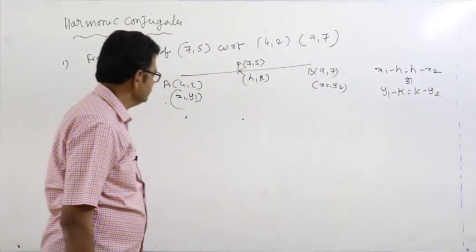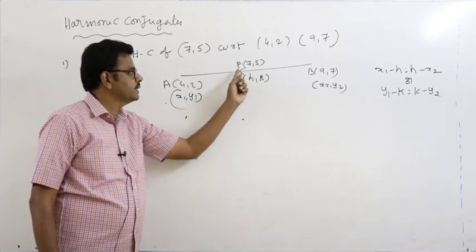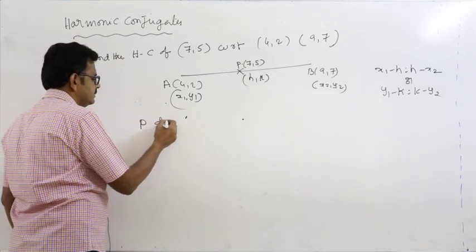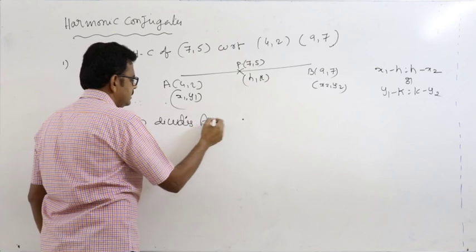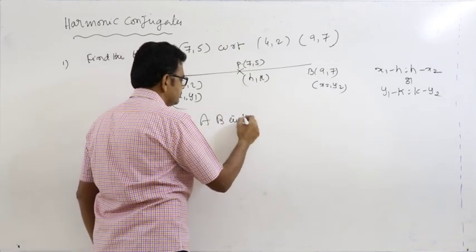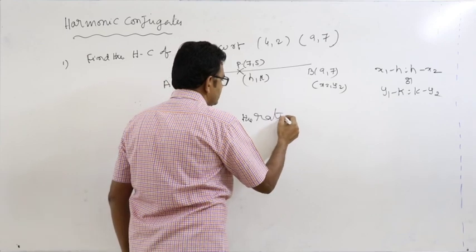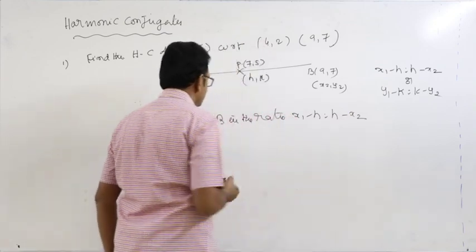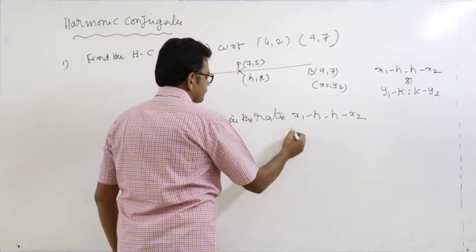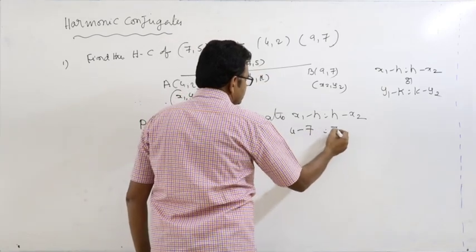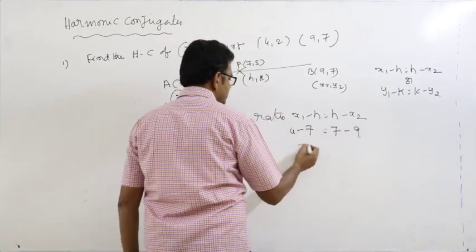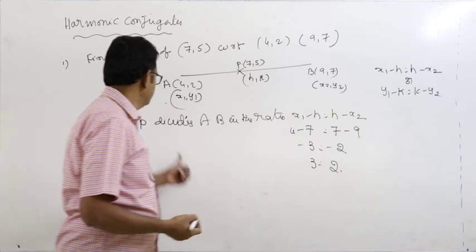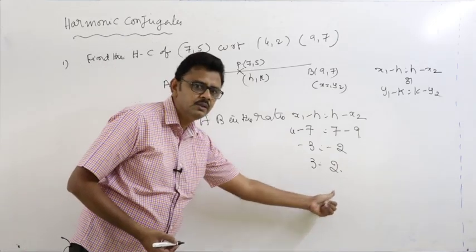First of all, find the ratio in which P divides AB. Using the formula (x1 minus h) is to (h minus x2): 4 minus 7 is to 7 minus 9, that is minus 3 is to minus 2, that is 3 is to 2. So P divides AB in the ratio m is to n.